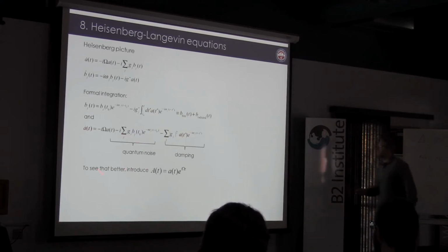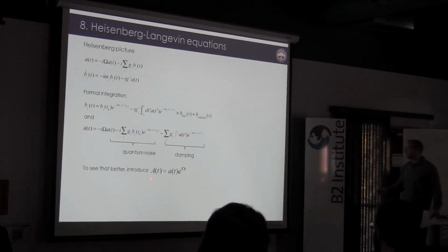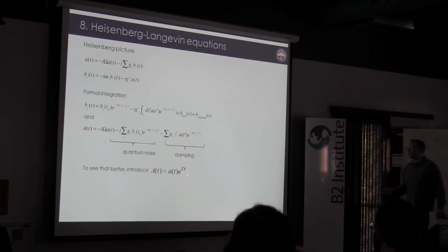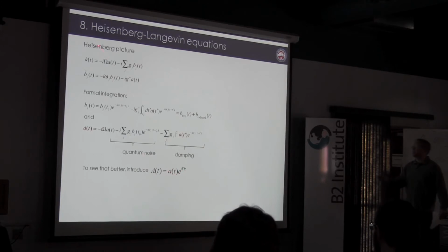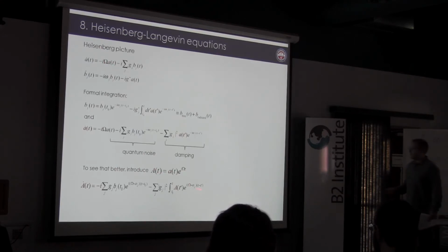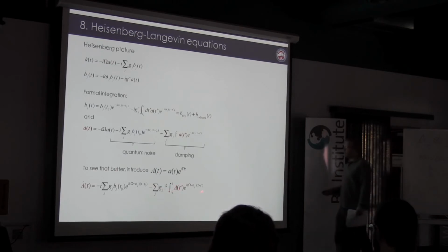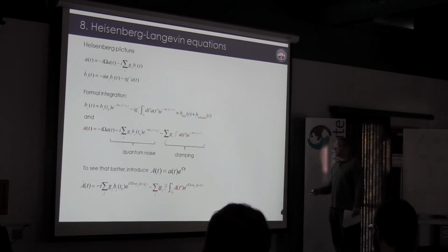All right, so we go into what's called a rotating frame. We just introduce a new operator where we're taking away the free evolution by writing it explicitly here. This will cancel out the e to the minus i omega t that we see in A from this term. When I write down the equation for capital A dot, indeed this free evolution term goes away. And now I'm again going to do a bunch of mathematical tricks to turn these into delta functions and such.